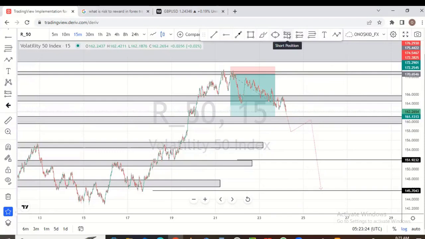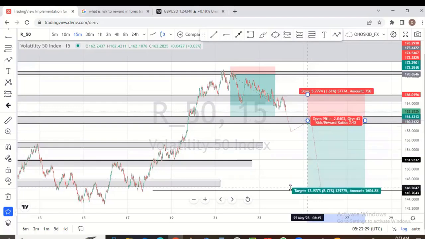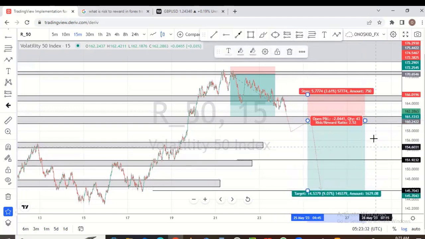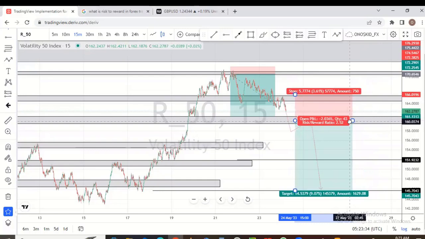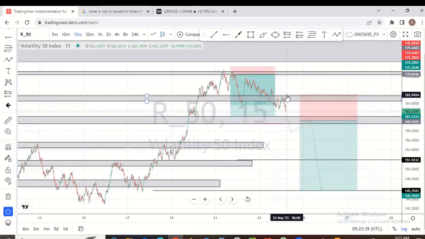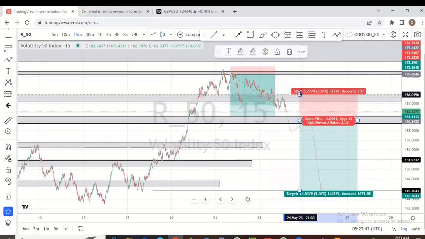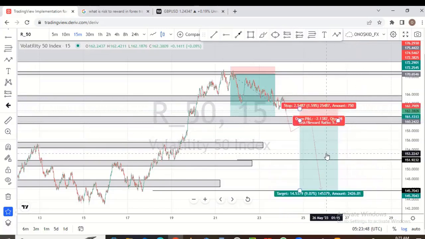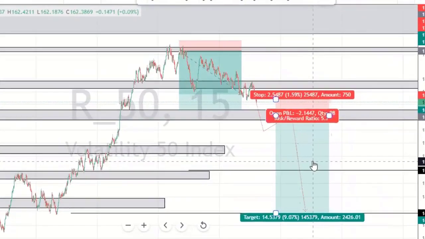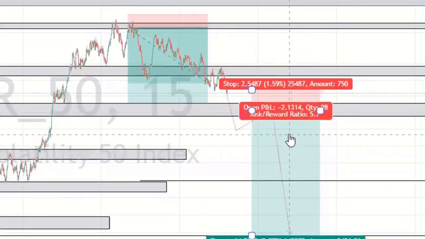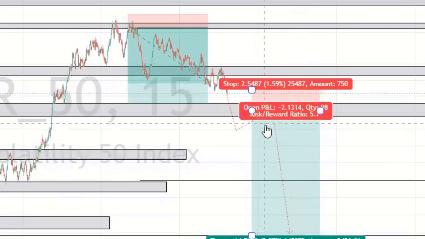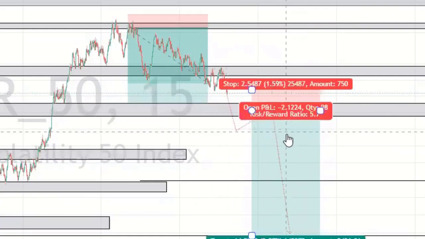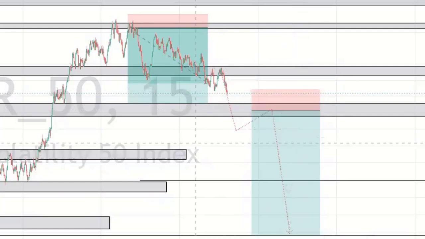I'm shorting, so I'm going to take this trade from here, all the way down to this place, and I'll put my stop loss here because I don't want it to be very tight, just slightly above structure. When you look at the risk to reward, this is about 5.7 risk to reward. So that's how you can use this tool to calculate your risk to reward.